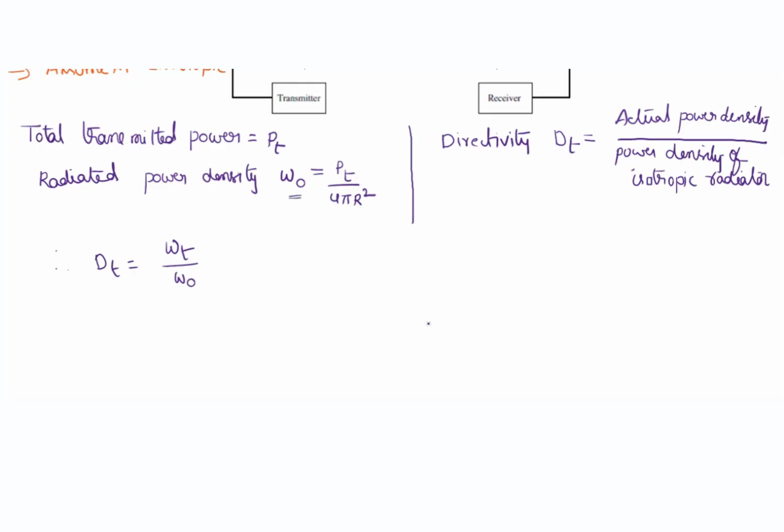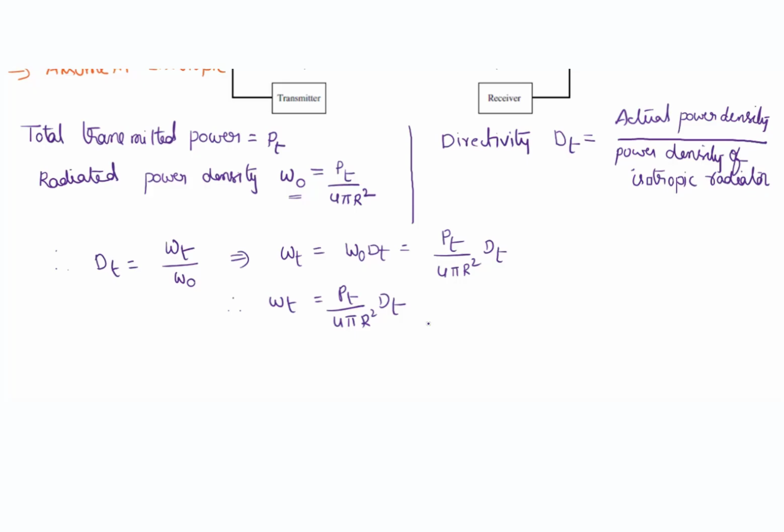That is this W naught. So it implies the actual power density Wt is equal to W naught into DT. Now simply substitute W naught from the above expression, Pt by 4 pi r square into DT. Therefore, Wt is Pt by 4 pi r square into DT.